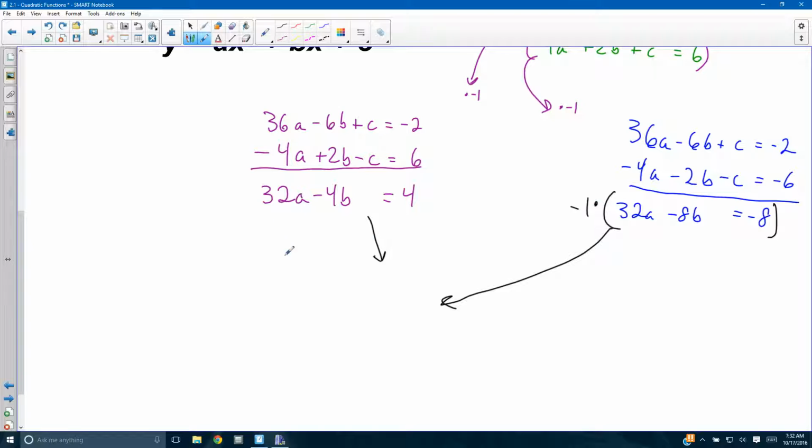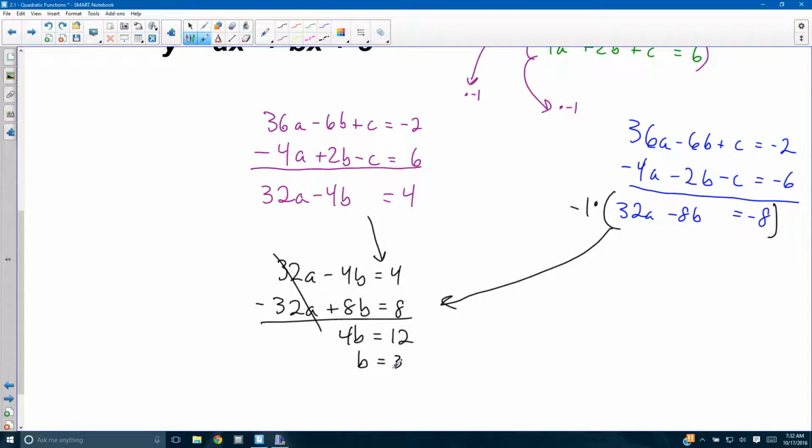Because now I'm going to get a -32a to line up with this positive 32a. So 32a minus 4b equals 4. And down here, if I multiply by -1, I get -32a plus 8b equals 8. All right? So now these cancel. I'm left with 4b equals 12.